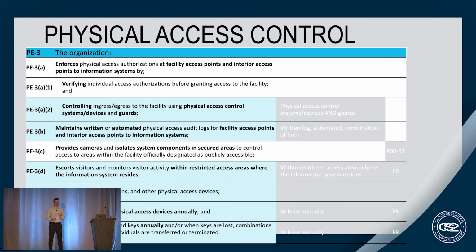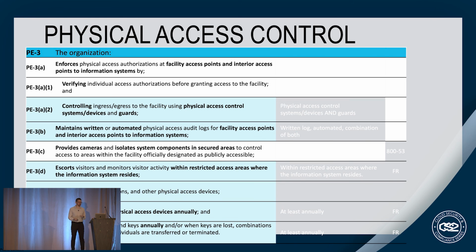I'm going to maintain written or automated access logs. I'm going to use cameras and isolation of system components in areas where I can't actually put physical security controls. And then I'm going to do escorts for anyone who's going to move through a restricted area. And then I'm going to do annual inventories and rotate combination keys, things like that.